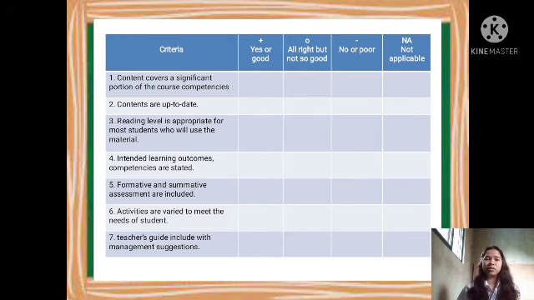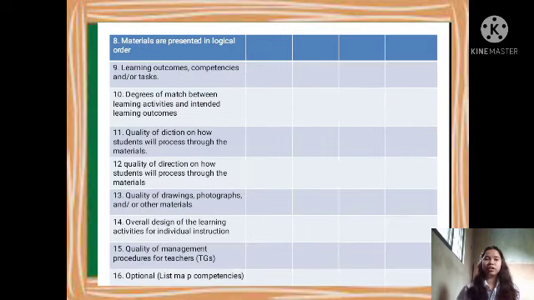Number 6, activities are varied to meet the needs of students. 7, teacher's guide is included with management suggestions. Number 8, materials are presented in logical order. Number 9, learning outcomes, competencies, and or tasks. Number 10, degree of match between learning activities and intended learning outcomes. Number 11, quality of test items and degree of match with intended learning outcomes.